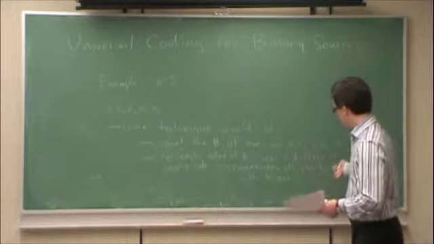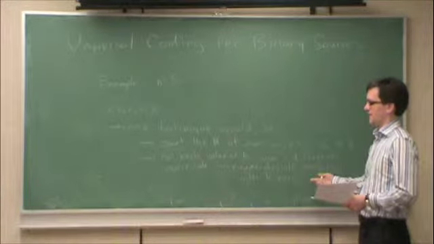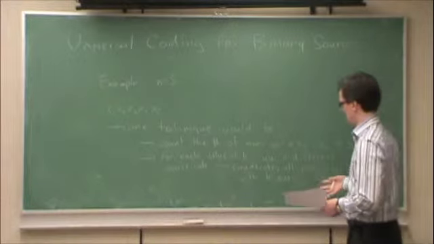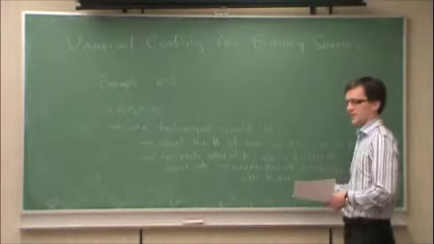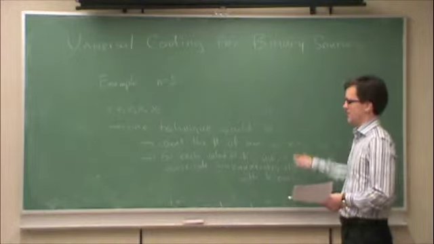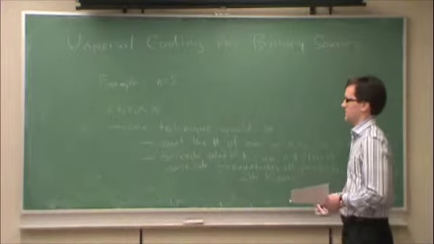Then what I'm going to do is, once I know k, I'm going to encode that. I'm basically going to make a list. I'll show an example of this, but I'm going to make a list of all the possibilities that have that number of ones, and find the index of the sequence I have on that list and transmit that index. I'll show an example in a second.